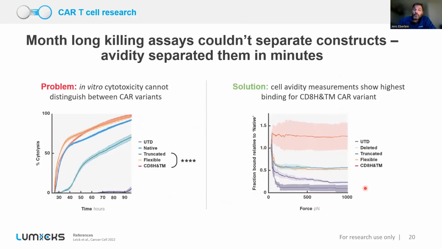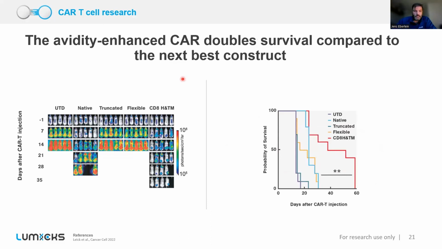And anything below 1.0 means that the avidity was actually decreased by the engineering efforts. And as you can easily see here, only one of the CAR-Ts, the CD8 hinge and transmembrane domain version, improved the overall cell avidity. So they went ahead and went into in vivo.